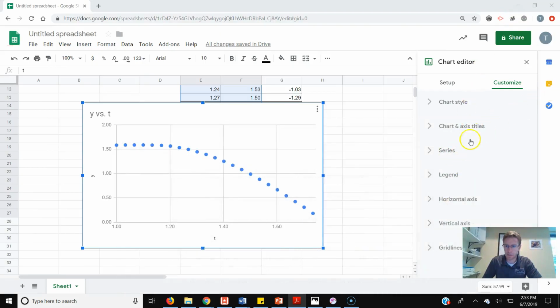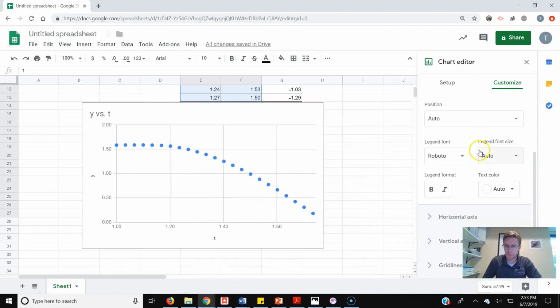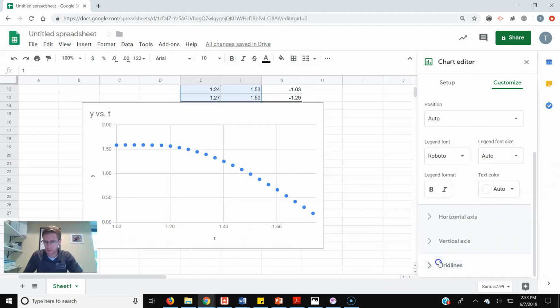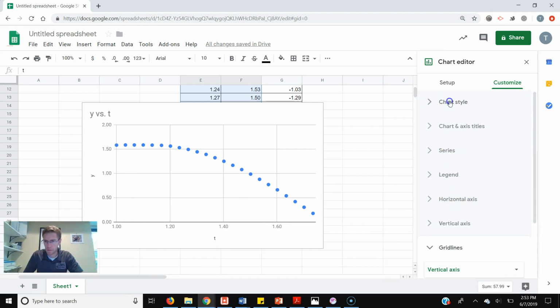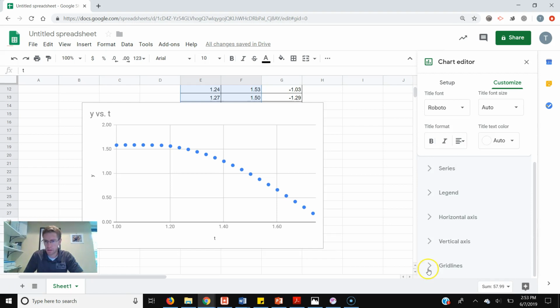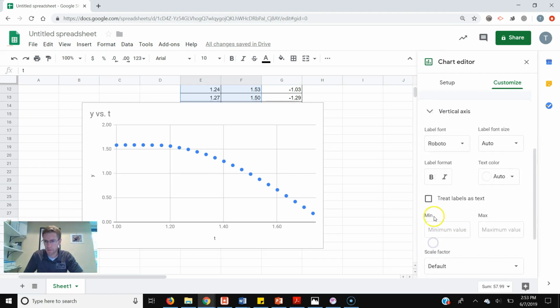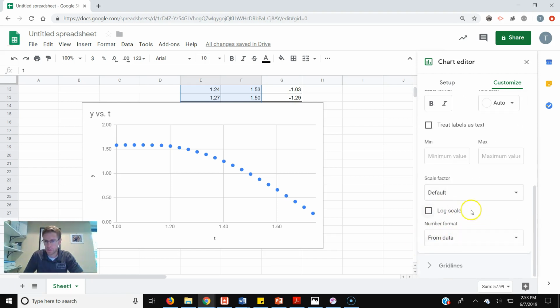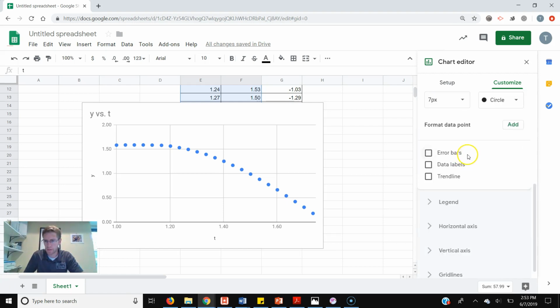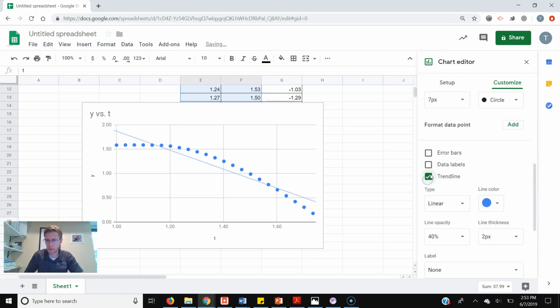And so I go to customize. Oops, I need to really move my picture. Let's see. Somewhere in here, under customize, we have the ability to create a trend line. It's under series, so you click on series. Here's your trend line. Now the default is linear trend line, which is what you're going to want when you do velocity.